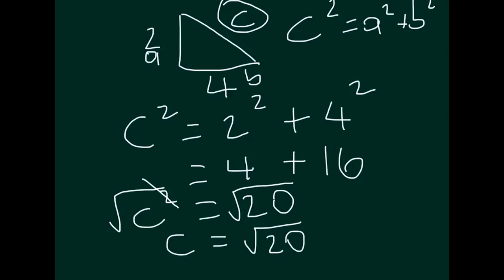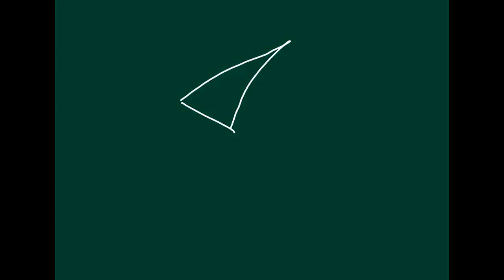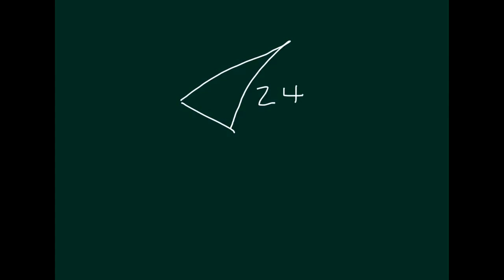So let's say, for example, we want to validate our theory. How would we do that? Okay, let's check it. If we have a triangle, I know it doesn't look like a right angle, but that's the whole point. We're going to validate if it does have a right angle or not.